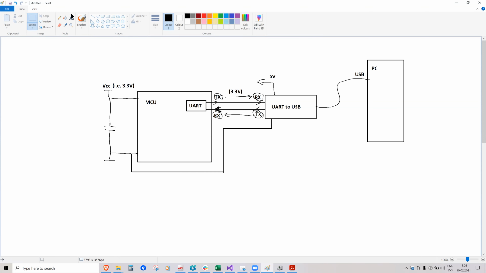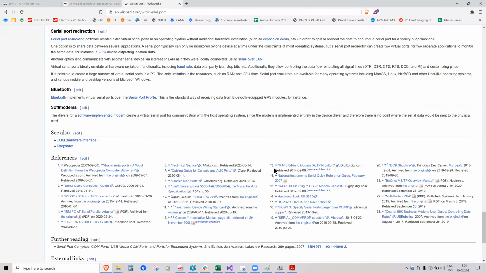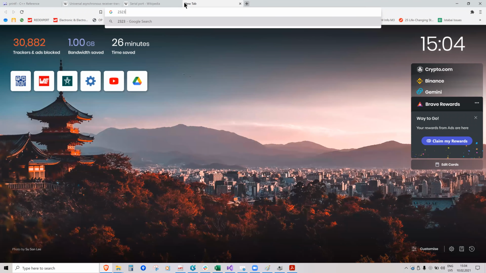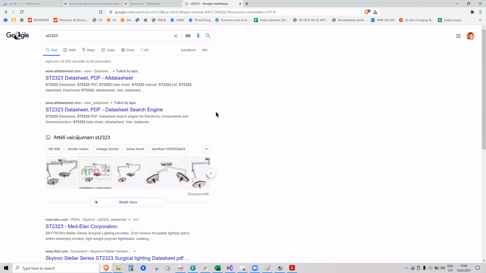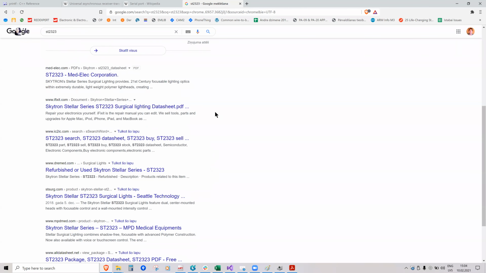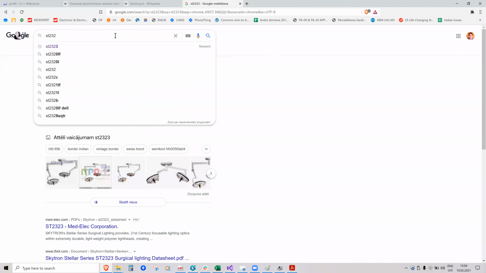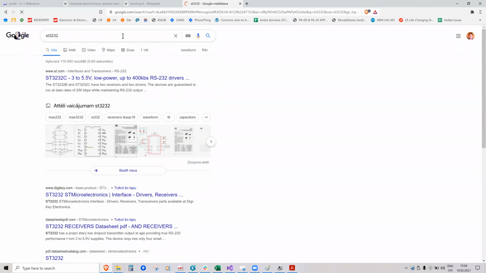And so I have to mention these chips. Let's check out ST2323, or is it... let's see, maybe it is this one.